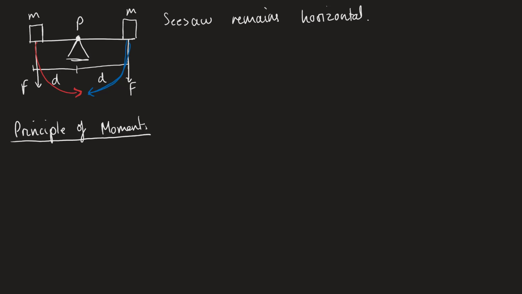So we can use this idea of moments to try and put things under the center of mass of this system, and that's going to help it to stay in what we call equilibrium. Okay, so this remaining horizontal means that it stays in equilibrium. Equilibrium is where all the forces, or in this case all the moments, balance, so there is no resultant motion. So this stays in equilibrium.